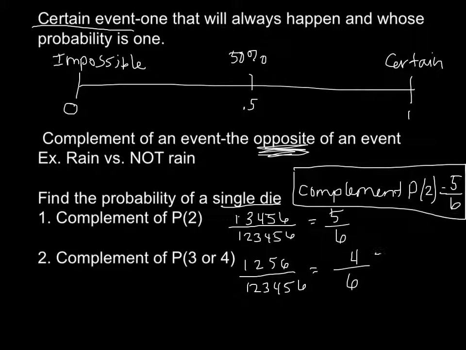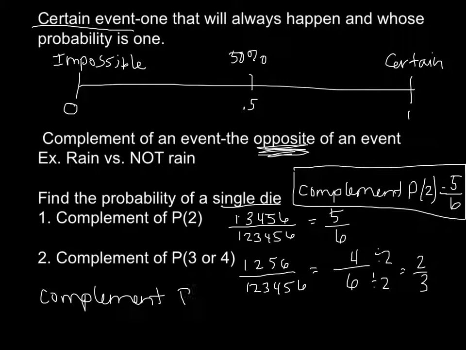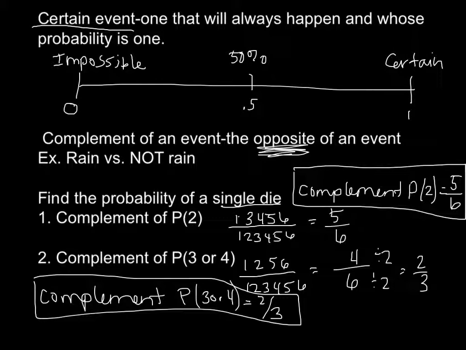Let's reduce. I would have a 2/3 chance. So again, I'm going to write it complement, capital P of 3 or 4 equals 2/3. So I have a 2 out of 3 chance of rolling a complement of 3 or 4.